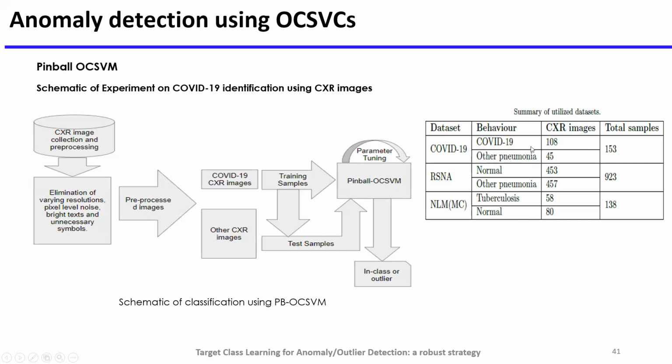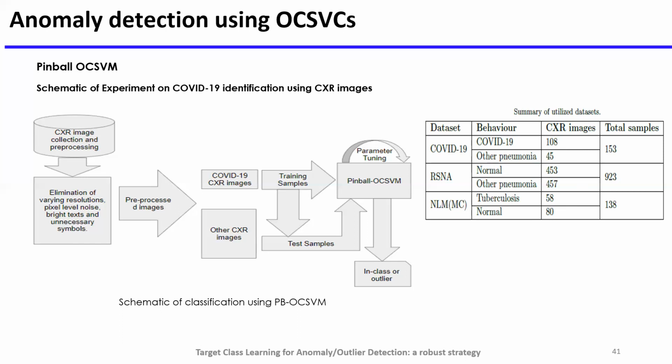This COVID-19 data set is having two different classes. Once we see the distribution, the sample of COVID-19 was very less. So how to cope up with the situation? So the objective is to show or demonstrate the applicability of this one class classification to detect the anomaly.